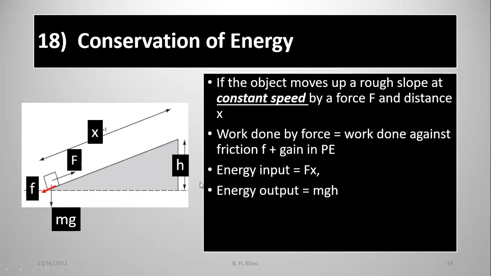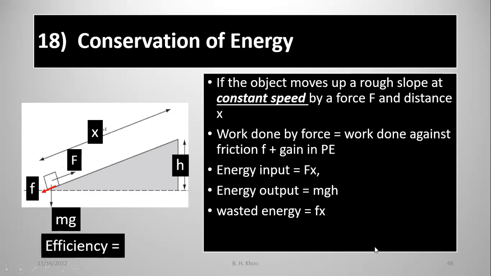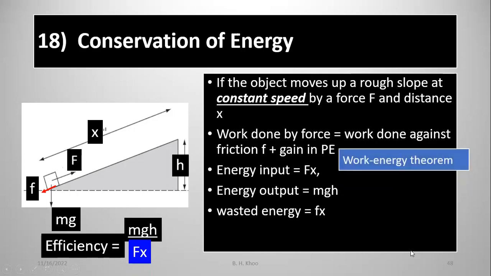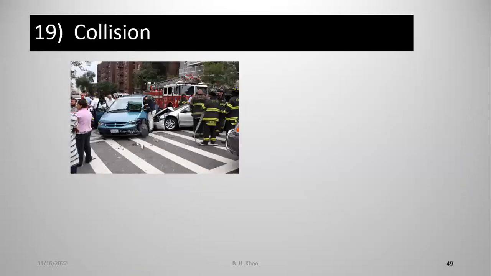Energy output is mgh, the gain in potential energy, which is useful work. The work against friction is wasted, finally lost as heat or thermal energy. Efficiency is energy output over energy input: energy output is mgh, energy input is Fx. You should be able to write this equation.